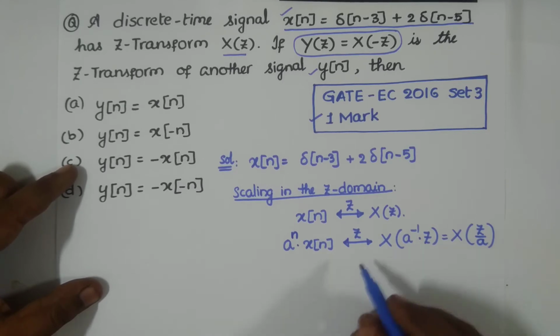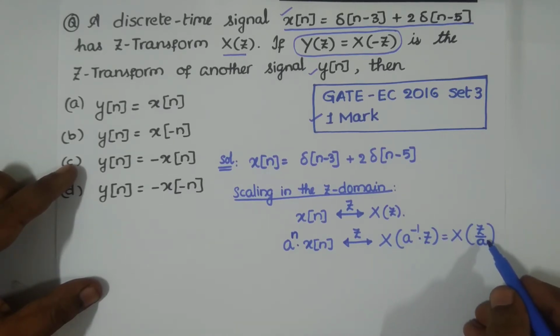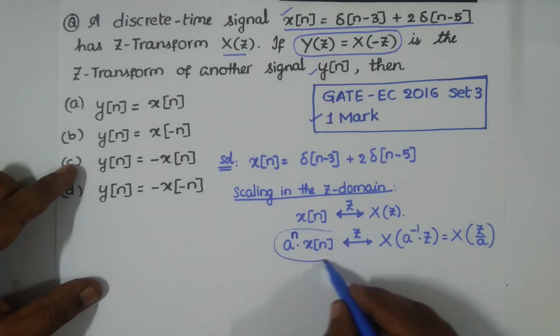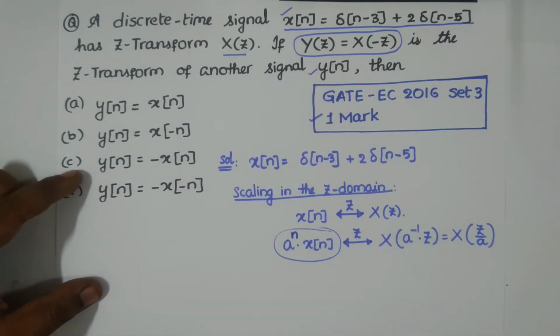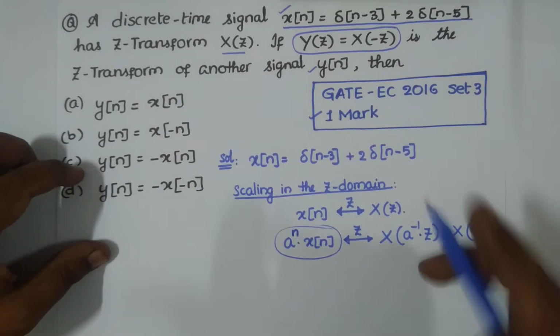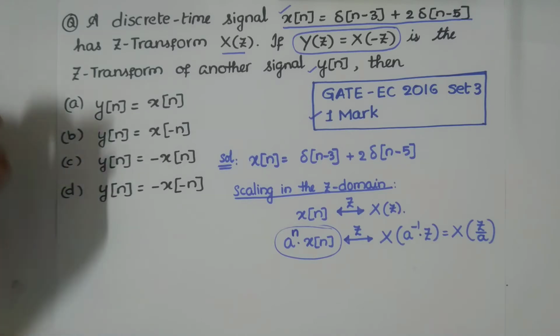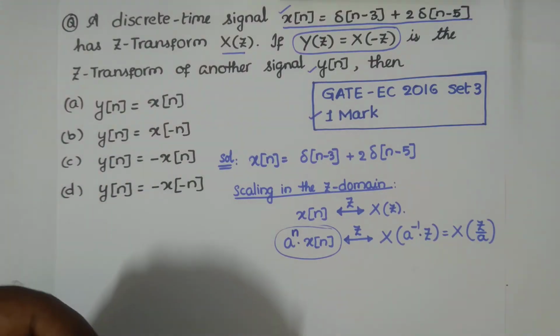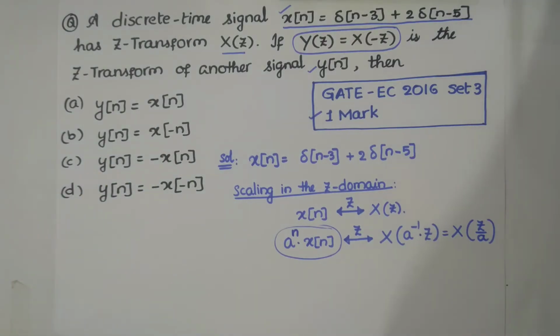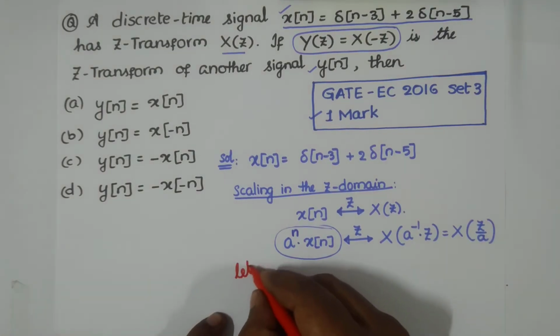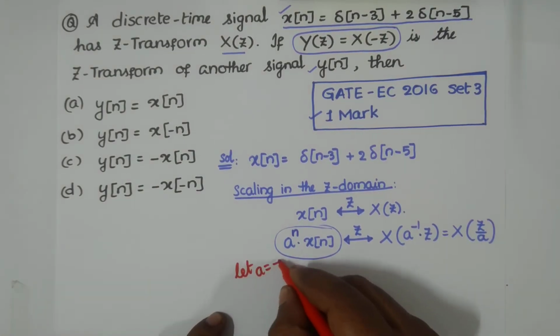So this is how we get X of z by a when the input is like this. Now what can we conclude from this? See, I have X of minus z, but in this case I have X of a inverse z or X of z by a. So if I assume a is equal to negative 1, see how simple? Let us say a is equal to negative 1.